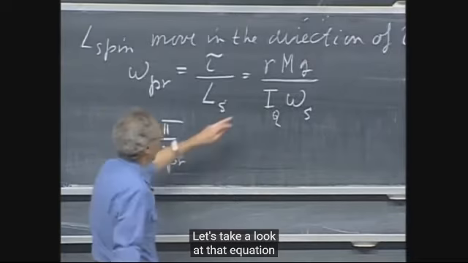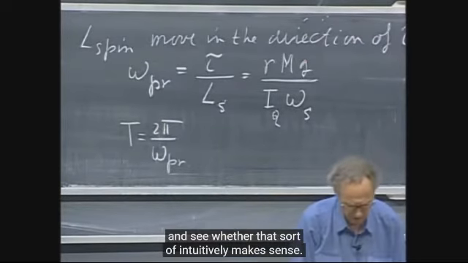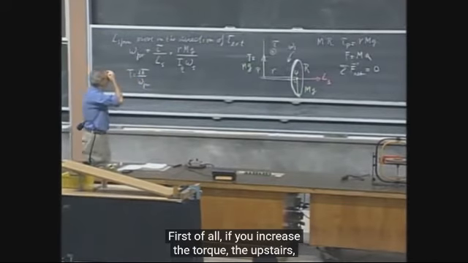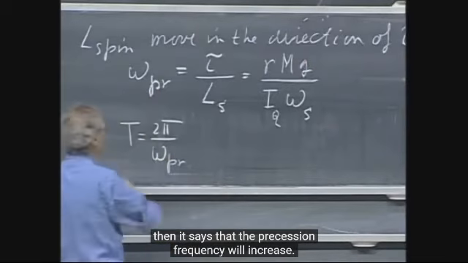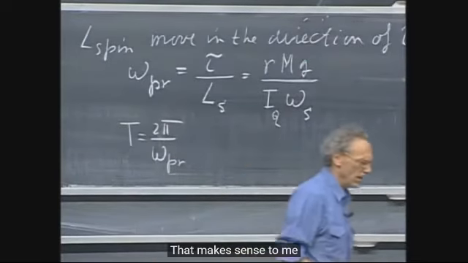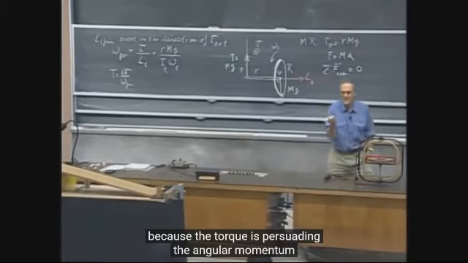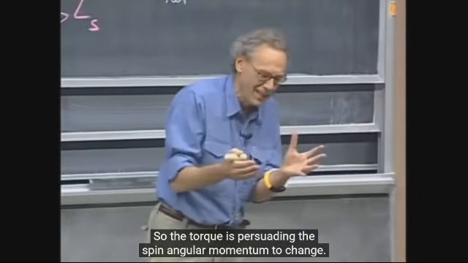Let's take a look at that equation and see whether that sort of intuitively makes sense. First of all, if you increase the torque, the upstairs, then it says that the precession frequency will increase. That makes sense to me, because the torque is persuading the spin angular momentum to change.